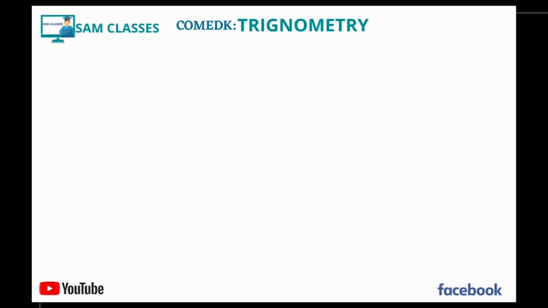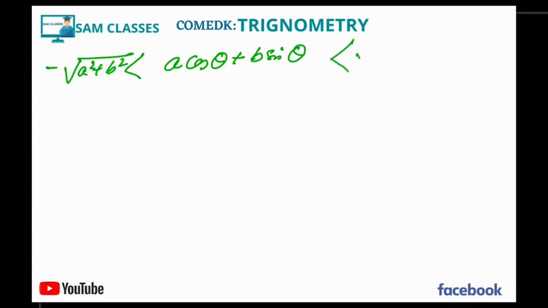Clear? Now one last thing we need to know is the range, finding maximum and minimum in case of a function. Whenever we have a function in the form of a cos theta plus b sin theta, what is the maximum value it can be? It is always greater than minus root of a square plus b square, and always smaller than root of a square plus b square.